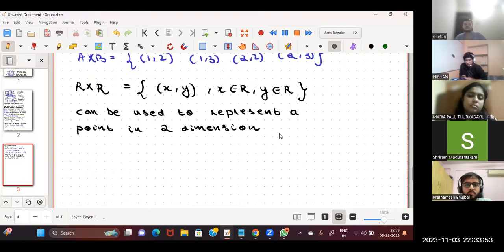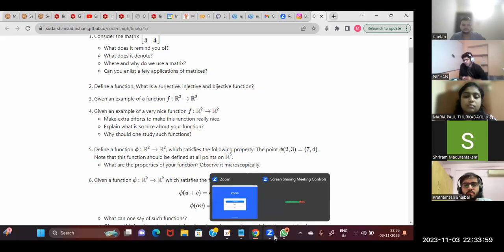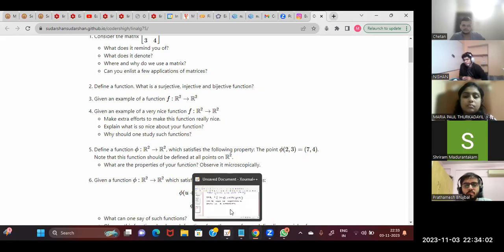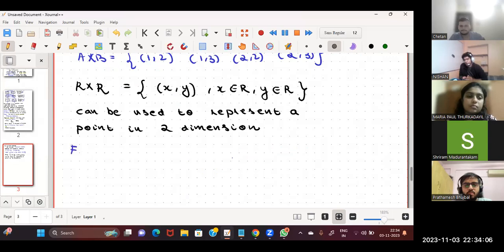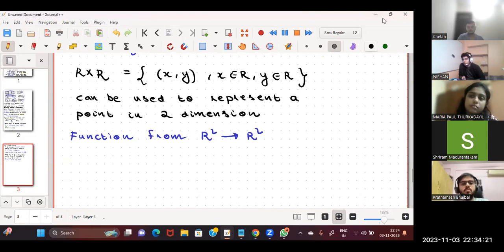Can someone now tell me what is a function from R2 to R2? Give me an example of a function from R2 to R2. If it is a function, it will take an input and give an output. Like if I'm taking f of (1, 2), it could become (2, 4).